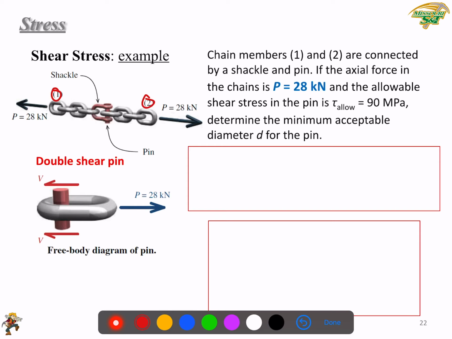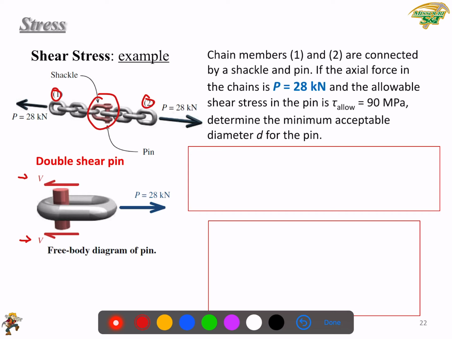Okay, so first of all, let's look at the connection. If you look at the connection here, you will see that you can find more than one cross section carrying the shear to transmit the force from one chain to the other chain. You can find two cross sections carrying the shear, one on the top and the other on the bottom.